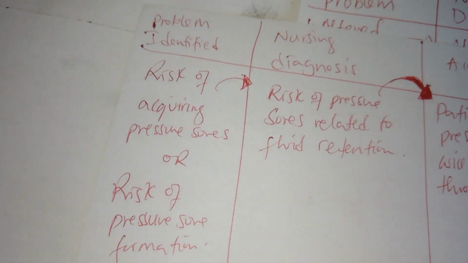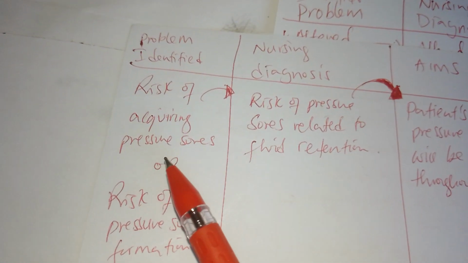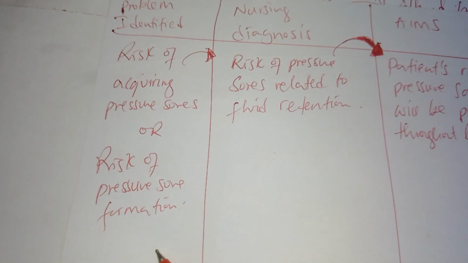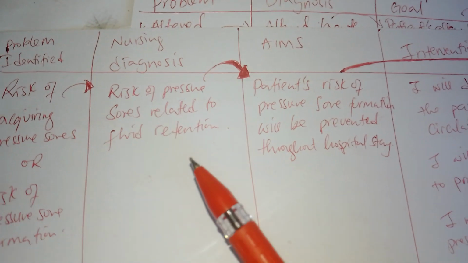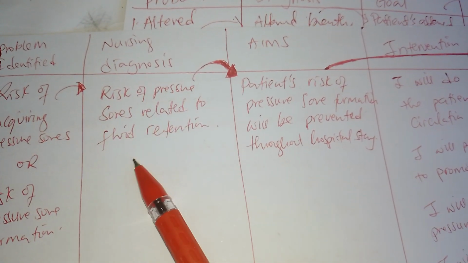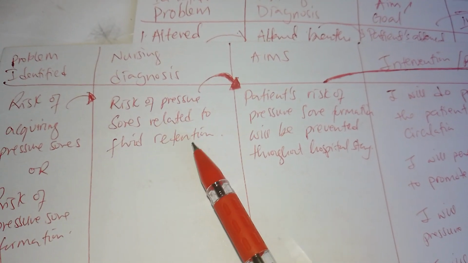Then our next problem would be risk of acquiring pressure sores, or risk of pressure sore formation. Then our diagnosis is risk of pressure sore formation related to fluid retention. Now remember, this is a risk problem.